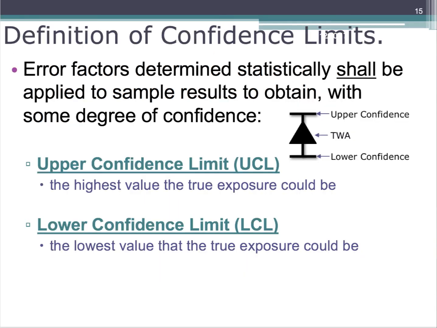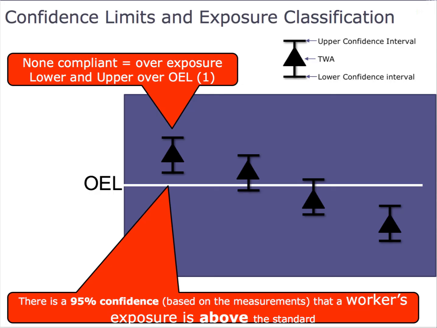So a definition of a confidence limit from the OSHA technical manual: error factors determined statistically shall be applied to sample results to obtain, with some degree of confidence, the upper confidence limit, which is the highest value the true exposure could be, or the lower confidence limit, which is the lowest value that the true exposure can be.